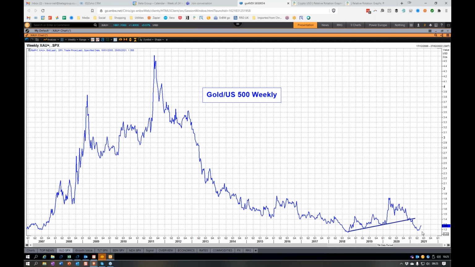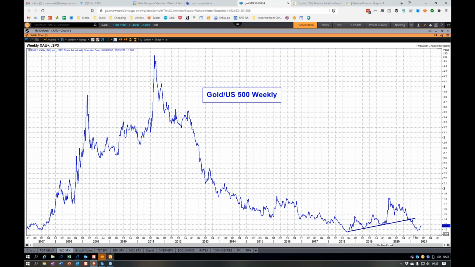We flirted with making a new low at 1.2 as a ratio, with this low here. But it looks as though it's bouncing now. Gold is having a good run, as you know, and the US stock market is also still going up, but gold has been better lately.